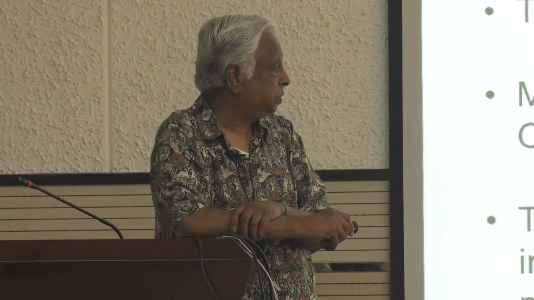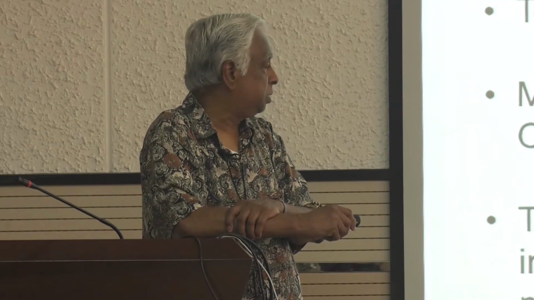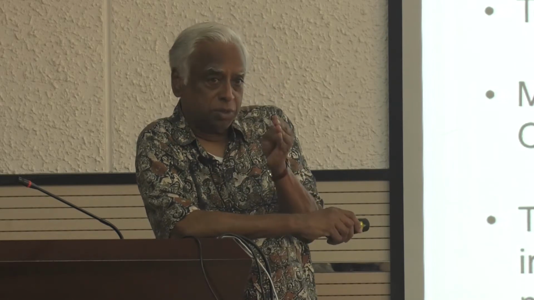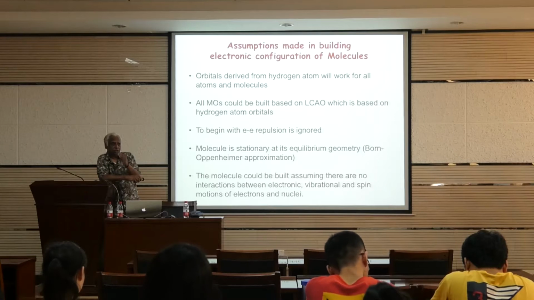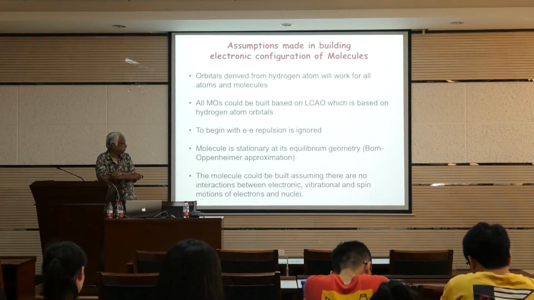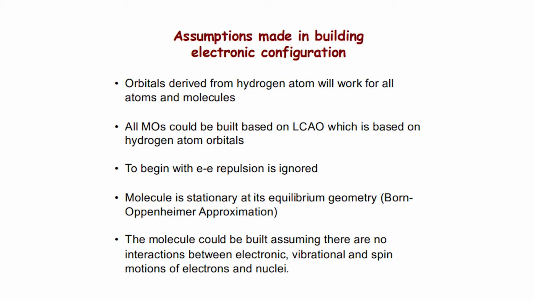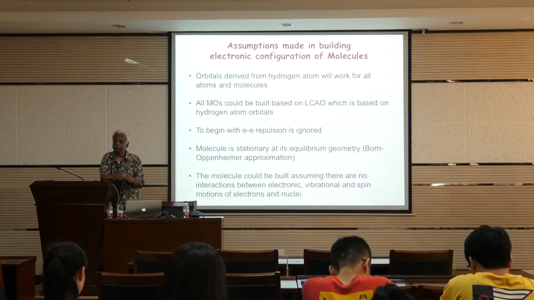The next step is, based on the Born-Oppenheimer approximation, you fix the nuclear position and calculate the energy. Eventually, you include the repulsion, which is true, where the electrons repel each other, and then we get two states, singlet and triplet. And this is what we have done so far.